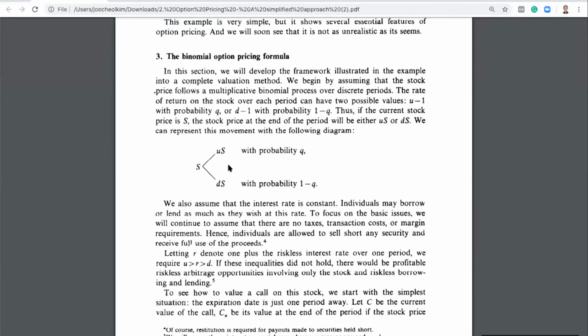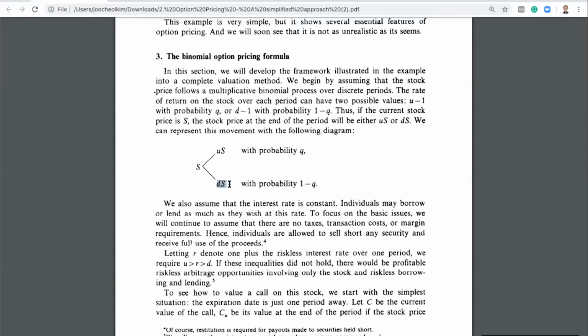So U is some number. For example, to remember what we have done with the numbers, the stock price was $50, and when it goes up, it's going to be $100. That means S is 50, and here U is 2. So 2 times 50 is 100.